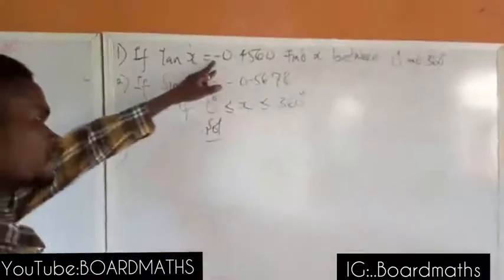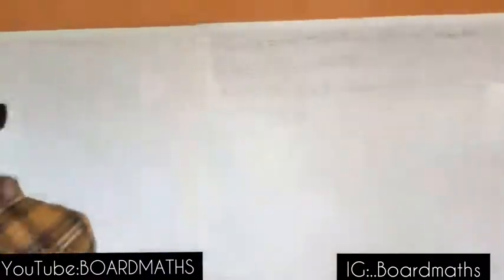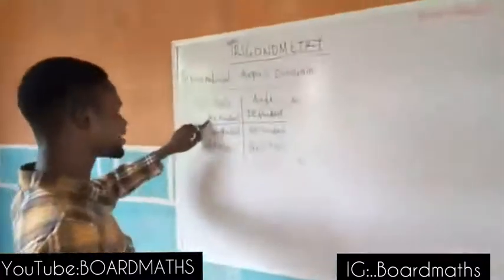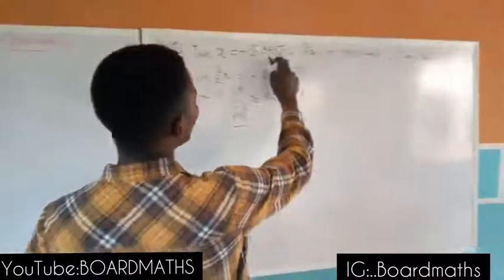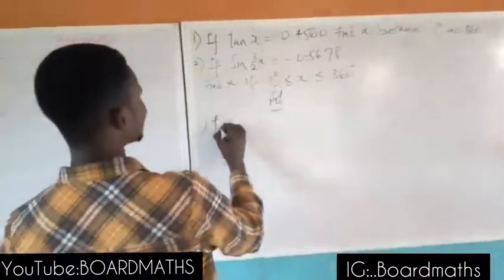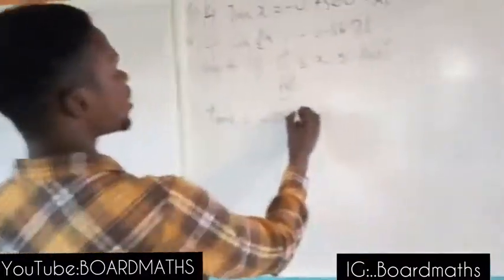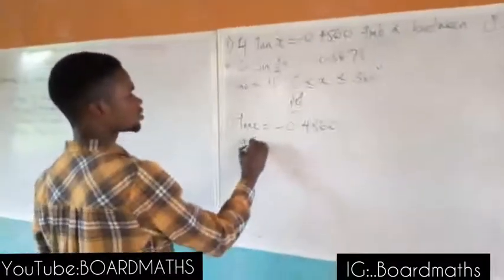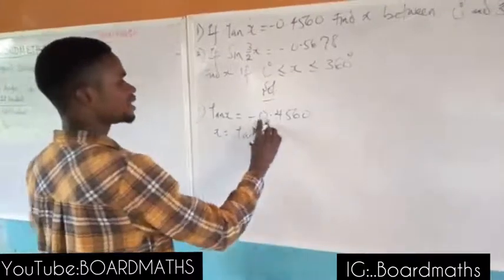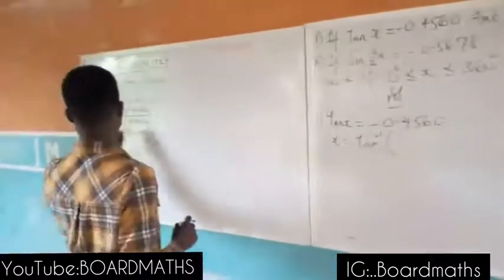But the negative value, as I said, denotes that it belongs to the second quadrant and the fourth quadrant. So if you are to find the tan inverse of this, we have tan x is minus 0.4560. So our x should be tan inverse. The negative value denotes this belongs to this and this.